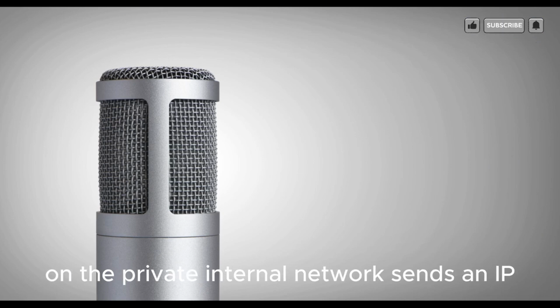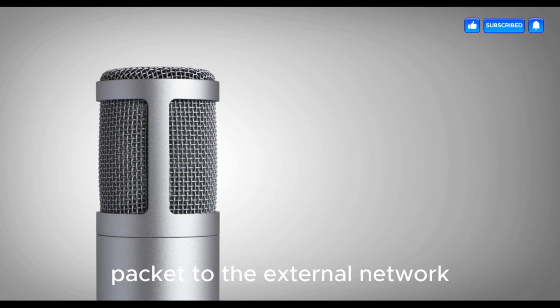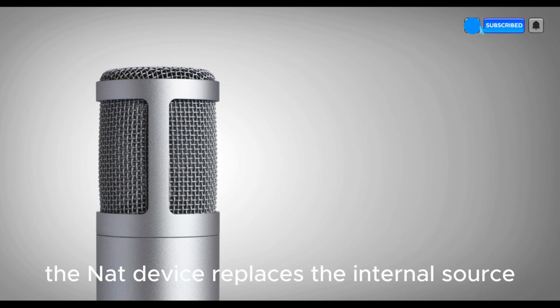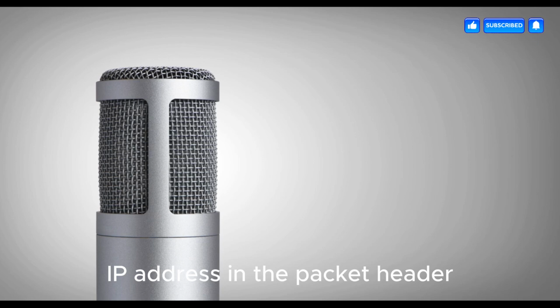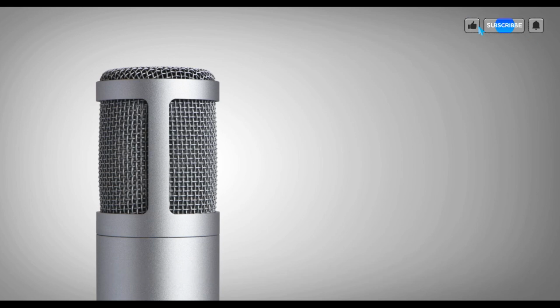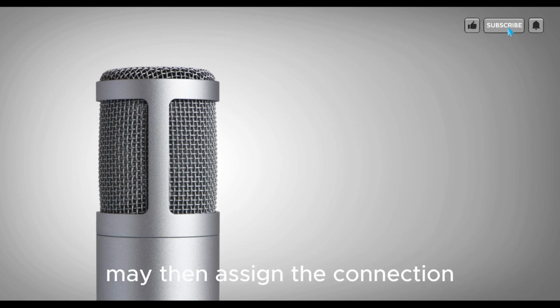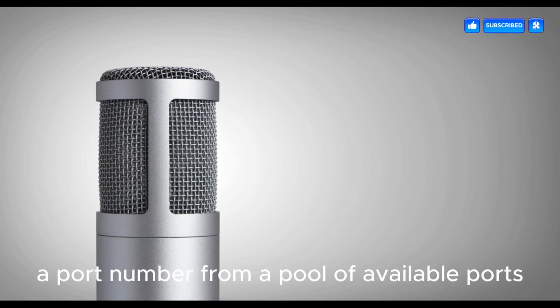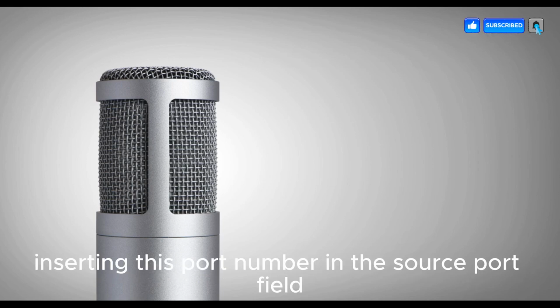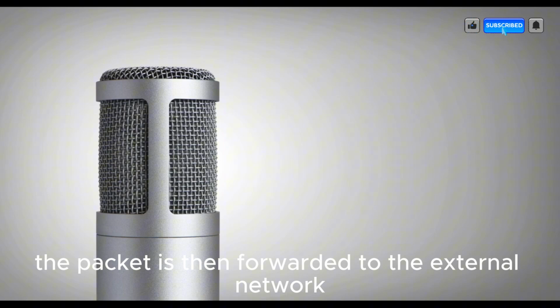When a computer on the private internal network sends an IP packet to the external network, the NAT device replaces the internal source IP address in the packet header with the external IP address of the NAT device. PAT may then assign the connection a port number from a pool of available ports. Inserting this port number in the source port field, the packet is then forwarded to the external network.